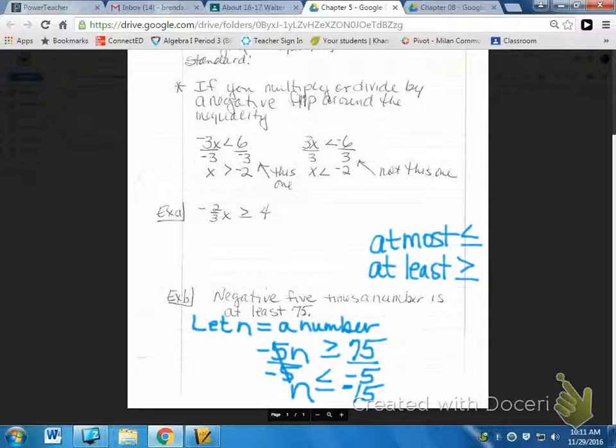This is our final answer right here. So I'm going to write it here, n less than or equal to -15. Okay, so you might have to write the inequality and then solve it. Watch out for at most, at least. Make sure you write the right inequality for that. All right, questions?